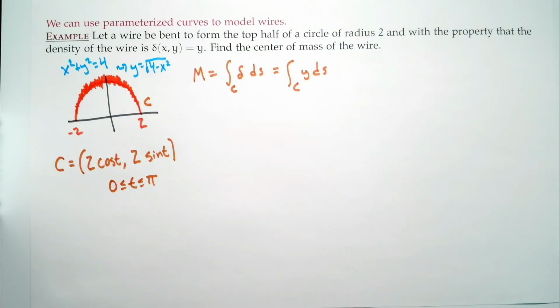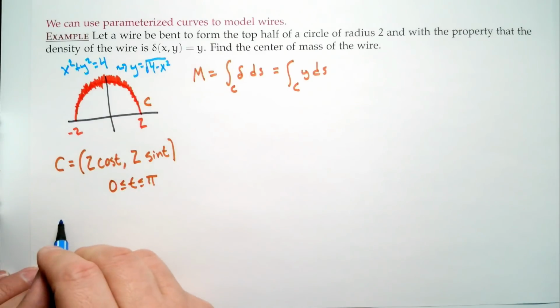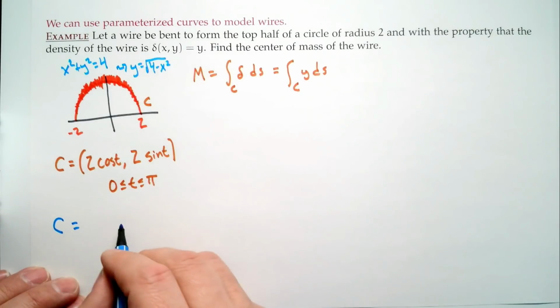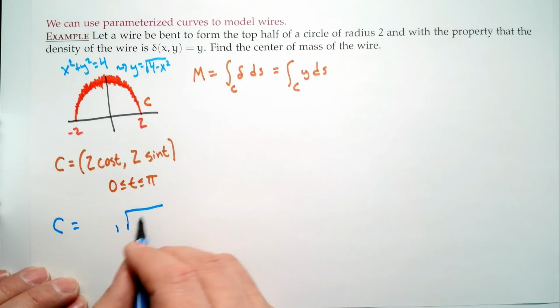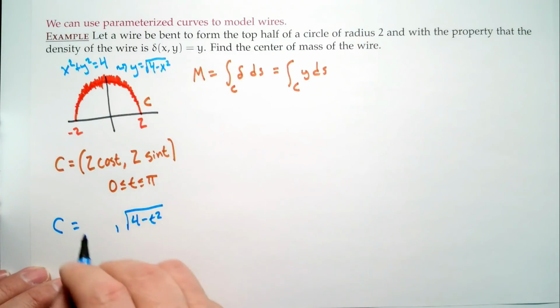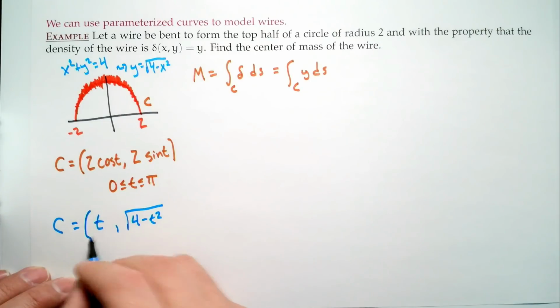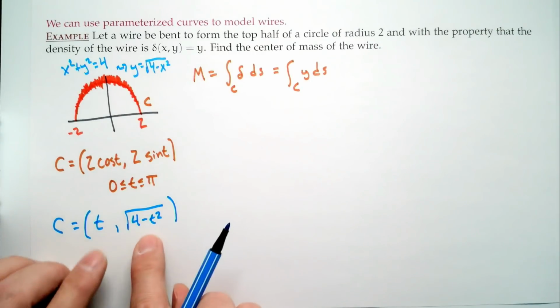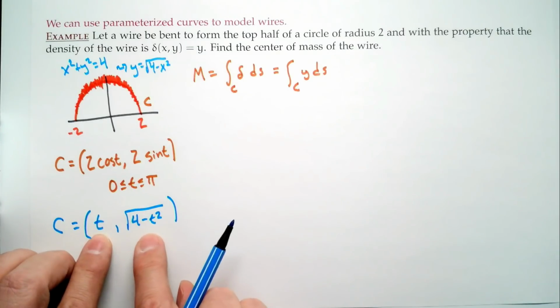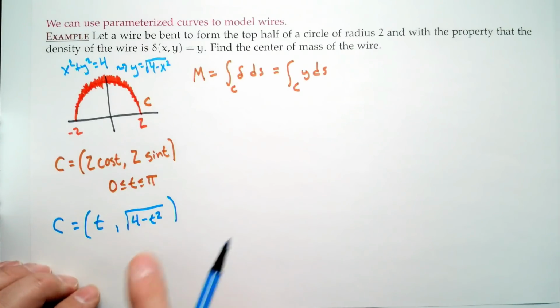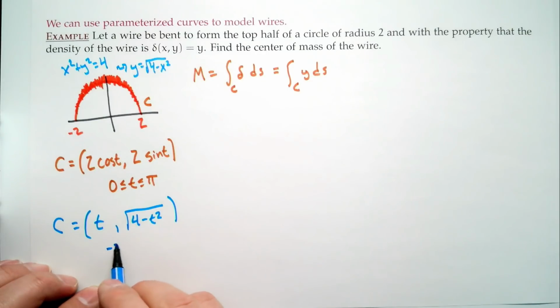That is absolutely the curve we want. And here's another parameterization: y will be the square root of 4 minus t squared, and x will be t. Because if we let t equal x, then you get the square root of 4 minus x squared. And then we could have our t go from -2 to +2.